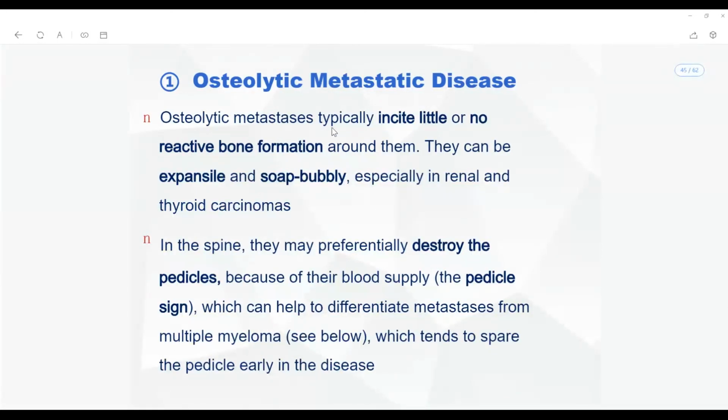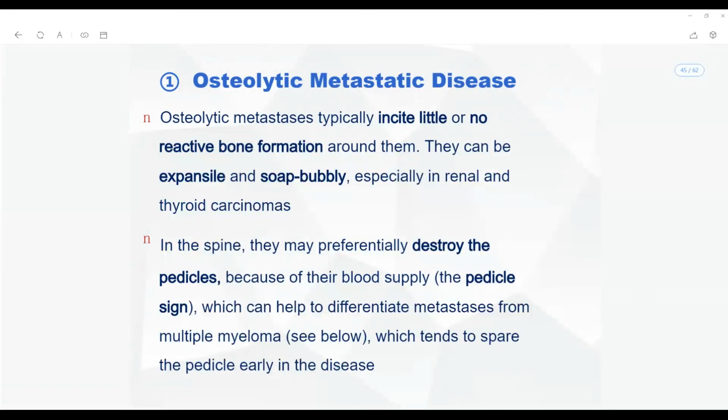Generally, there will be little or no reactive bone formation around them, and they can become expansile. Okay, they will become bigger, and they will cause the soap bubble appearance. Remember, soap bubble appearance.